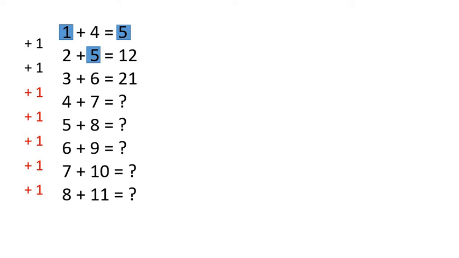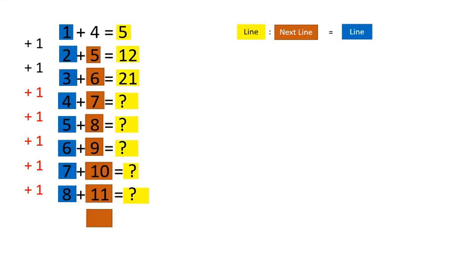And take a look at the 12. If I take the 12 and divide it by the 6 in the next line, it is the 2 on the first line. This is a logic pattern. In colors, the yellow block of the line divided by the brown block of the next line is the blue block on the line.